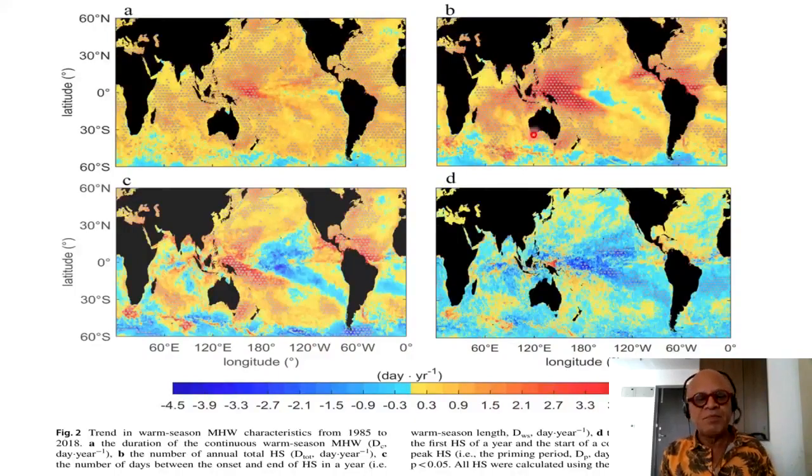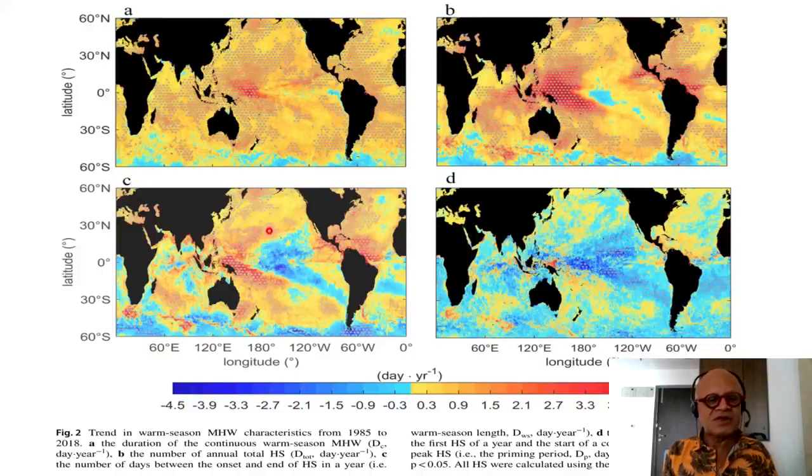Okay, B is basically the number of annual total HS days, so D total days per year. So now you can see that there is a negative number here, so the continuous HS days have increased, but the total numbers in a year have decreased as a trend.